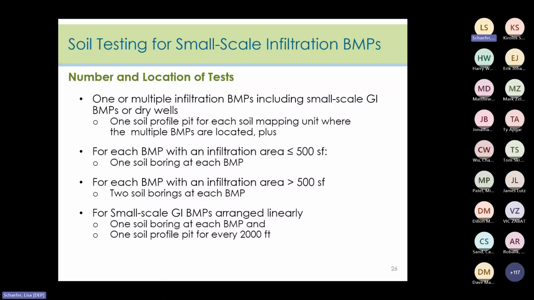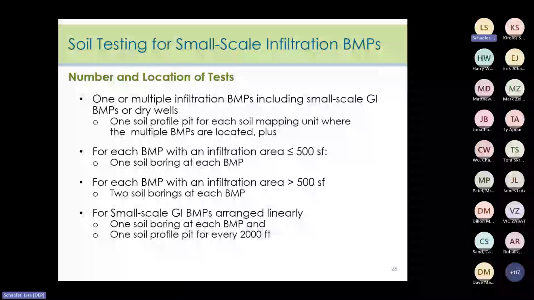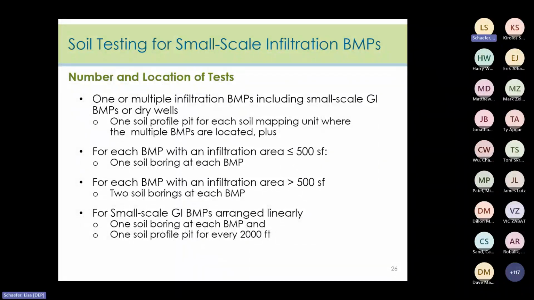So when we have 1 or more infiltration BMPs like this or dry wells, we need 1 soil profile pit for each soil mapping unit where the multiple BMPs are located, plus for our BMPs with an infiltration area less than or equal to 500 square feet, we need 1 soil boring at each BMP.